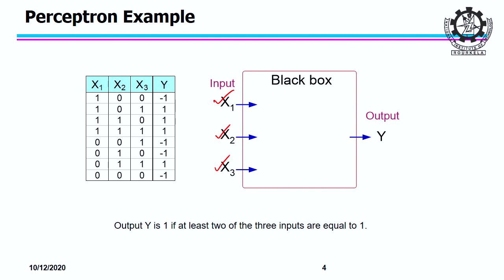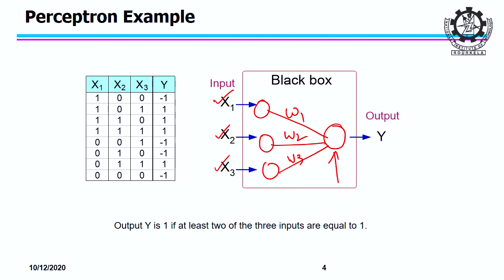At the end of the day, what output should we get? Within the black box we have a single perceptron, that means a processing unit, with connections from each input, and obviously the weights W 1, W 2, W 3, and the B.